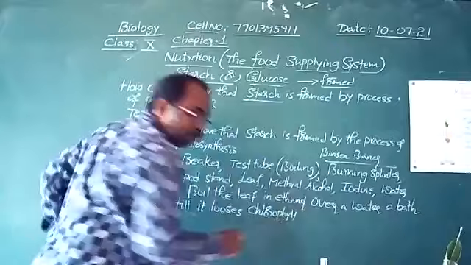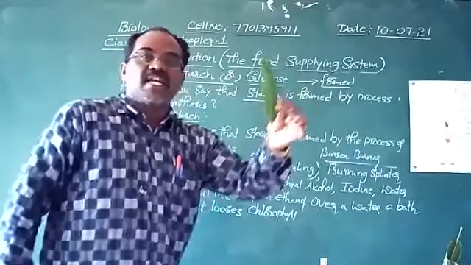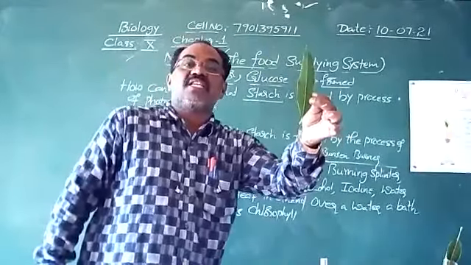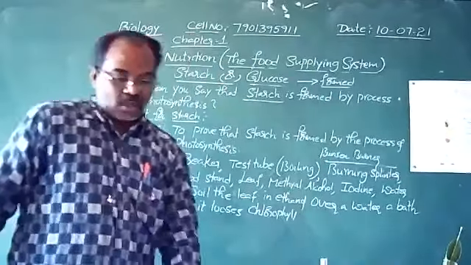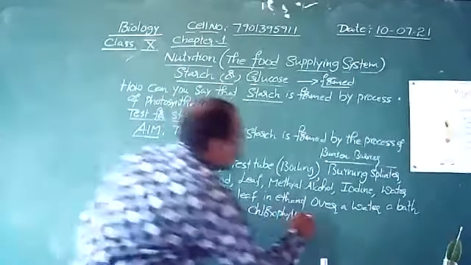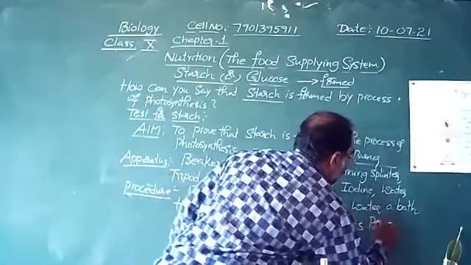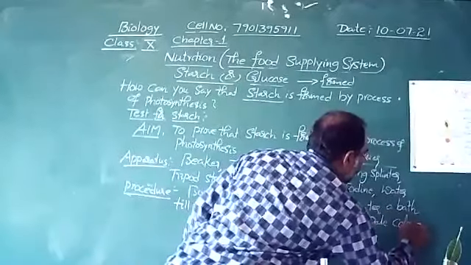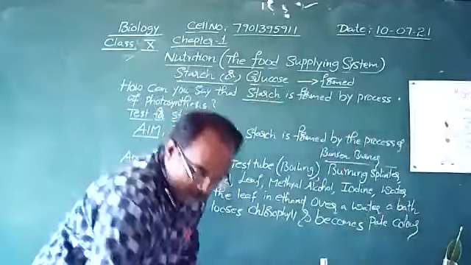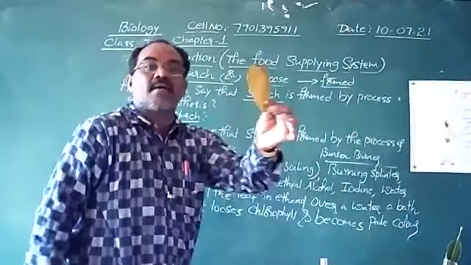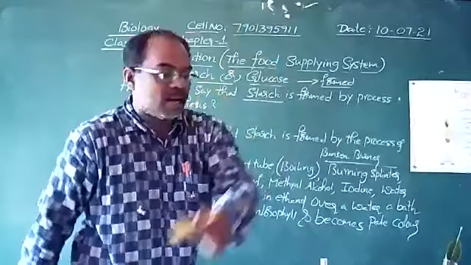You know that chlorophyll is present inside the leaf, so the leaf color is green. It loses the chlorophyll and becomes pale in color.